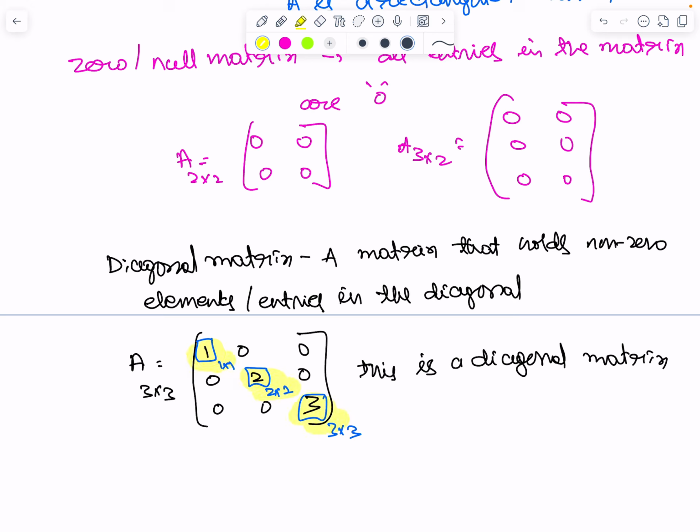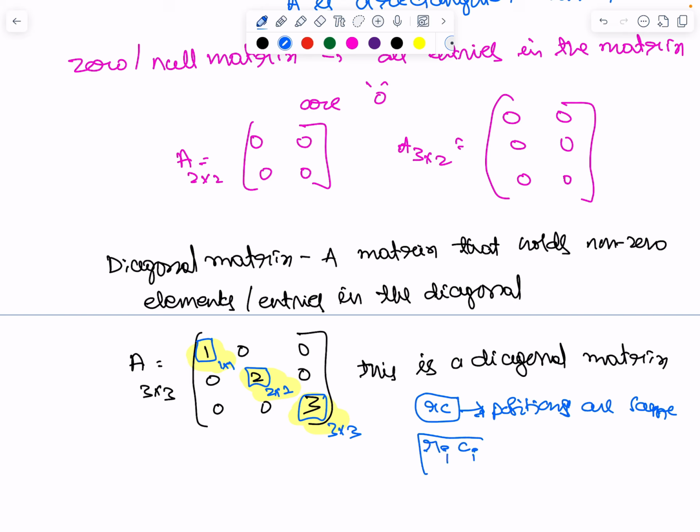The rest of the entries are 2 by 1, 1 by 2, 1 by 3, 3 by 1, 2 by 3, 3 by 2. Those are non-square locations. Therefore only where the row and column positions are the same, that is R1, R2, R3 and C1, C2, C3, whenever Ri and Ci match, are the non-zero entries.